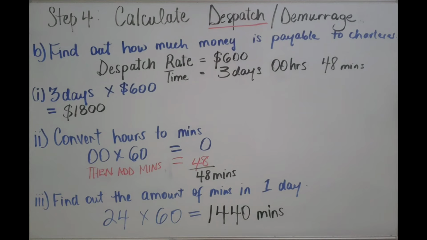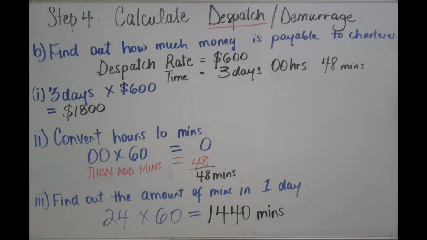So for B, we have to find out how much money is payable to the charterer, right? Here are 3 factors we need to get out of the way before we actually calculate the dispatch.